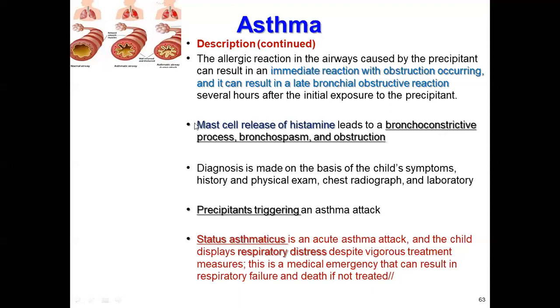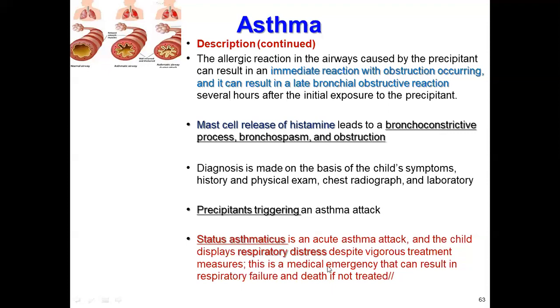As I told you, asthma is a chronic inflammatory disease. But when an acute attack or acute exacerbation of chronic asthma occurs, we call it status asthmaticus. It is an acute asthma attack. The child is displayed with distress despite vigorous treatment measures.